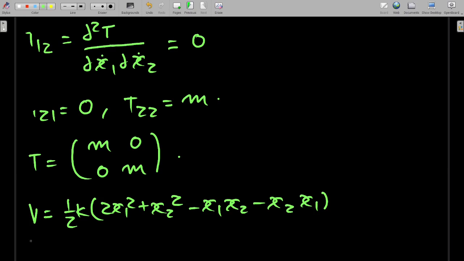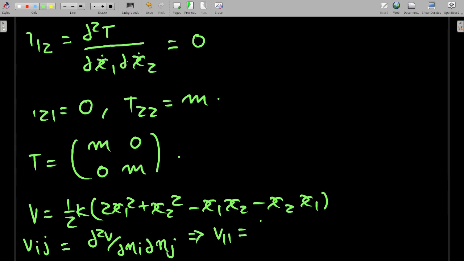For Vij, the potential energy matrix term, it will be del 2 V upon del eta i and del eta j, which implies our V11 is given by del 2 V upon del x1 into del x1.